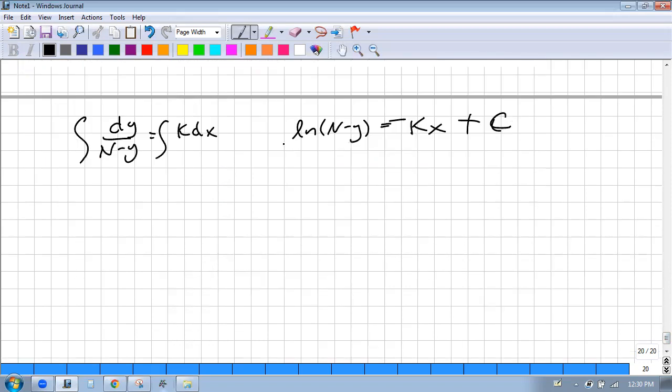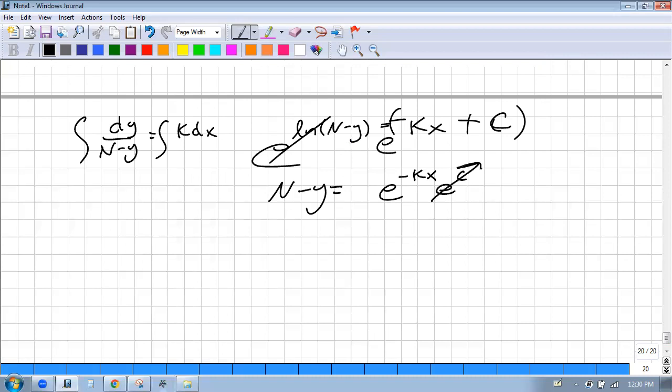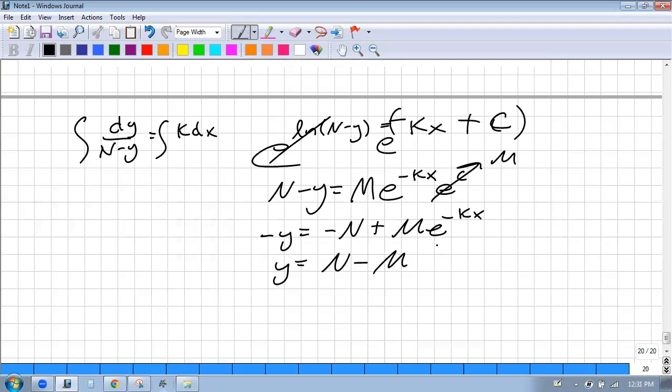And then you do your e to the both sides. So that goes away. So you got N minus y equals e to the negative kx, e to the c. We call this m, and we put it over here. So we have negative y equals negative N plus m e to the negative kx, multiplied by a minus, and then we have that.